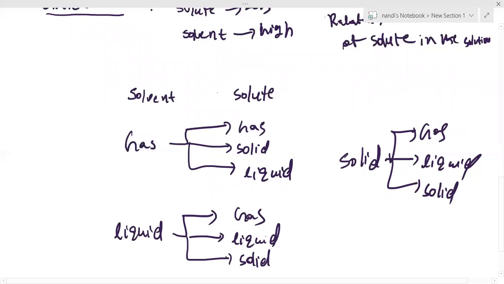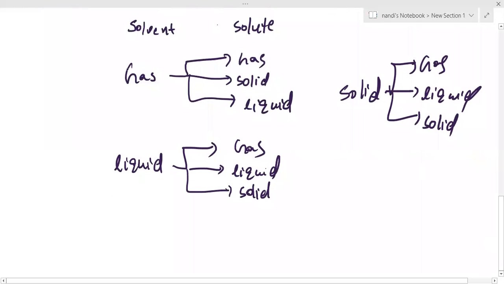But out of these 9, some solutions are very difficult to exist. Liquid in gas or solid in gas is not possible because of constraints; they cannot form a homogeneous mixture. The definition I gave says a solution should form a homogeneous mixture, which is not possible here.